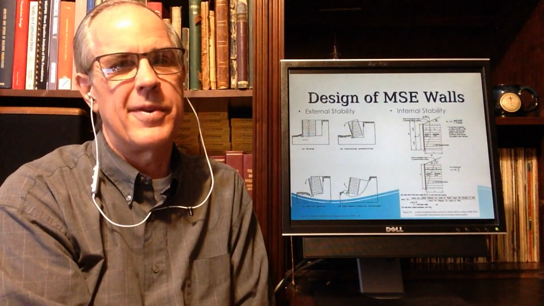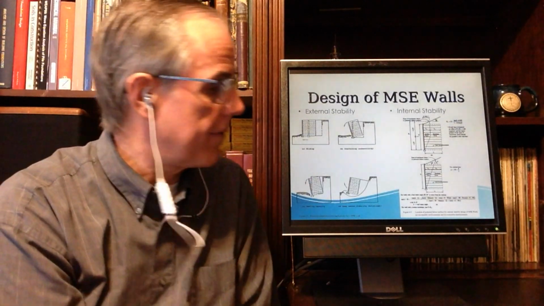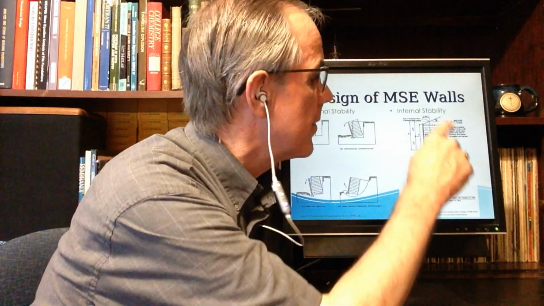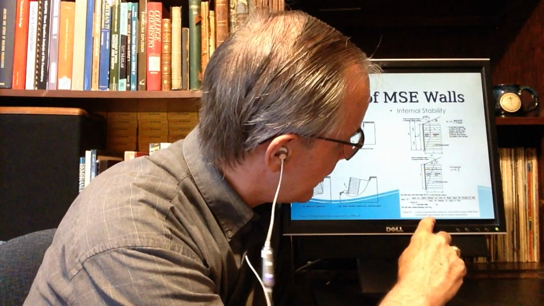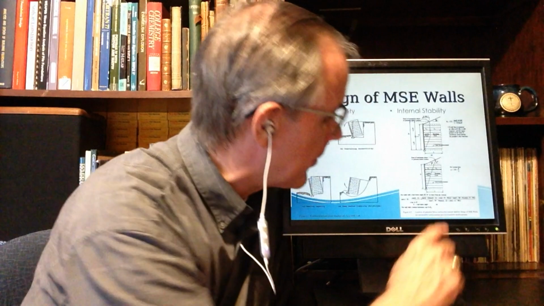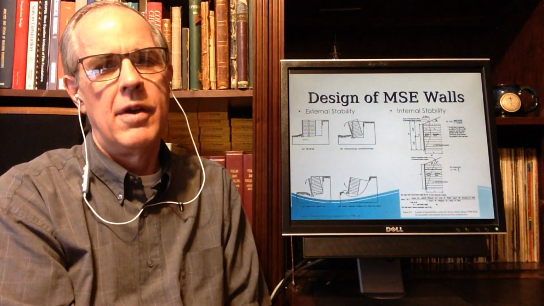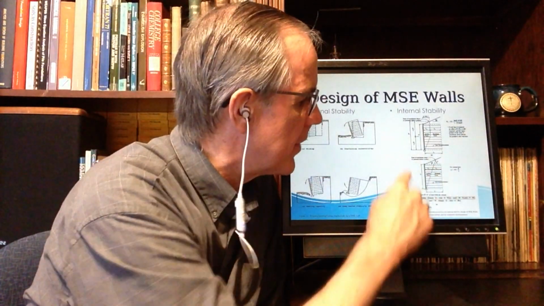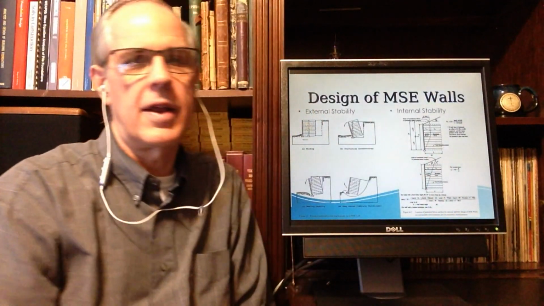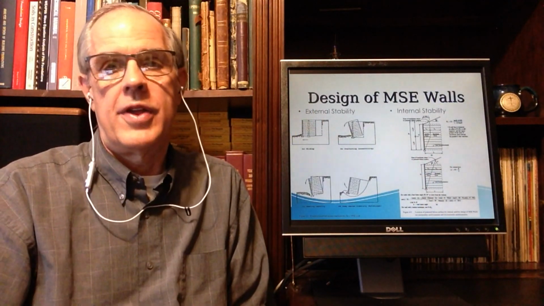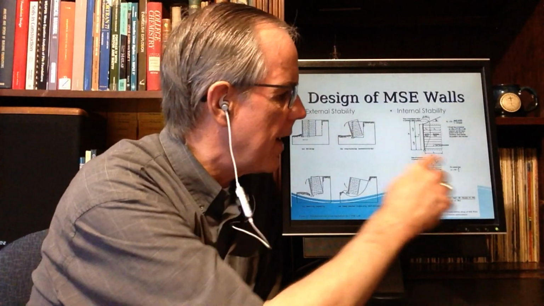We ran into this problem with gravity walls about unlevel backfill, like sloping backfills. This particular one is for inextensible reinforcements, more like steel, whereas the bottom one is for extensible reinforcements, more like geosynthetics. We're going to concentrate on these.